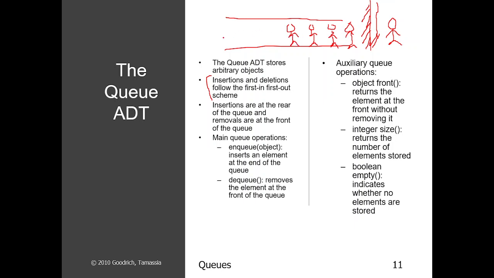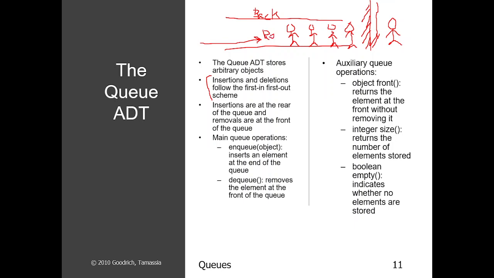So any new person who comes or enters the bank and needs this particular service provided by this particular individual, that person has to stand in this queue, okay, and he has to stand at the back of the queue or at the rear end of the queue. So this is the back or the rear end of the queue, okay.